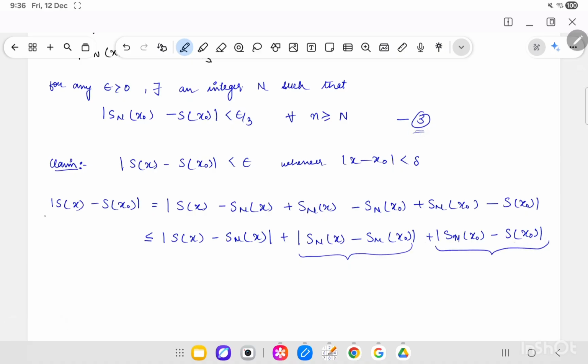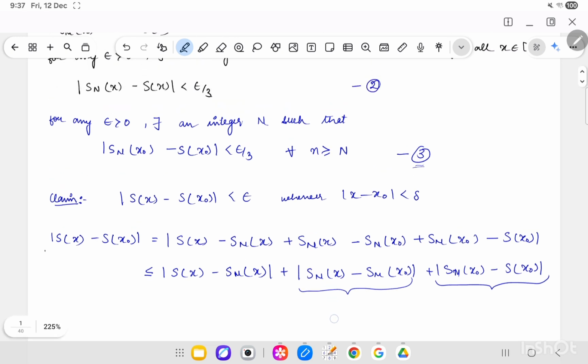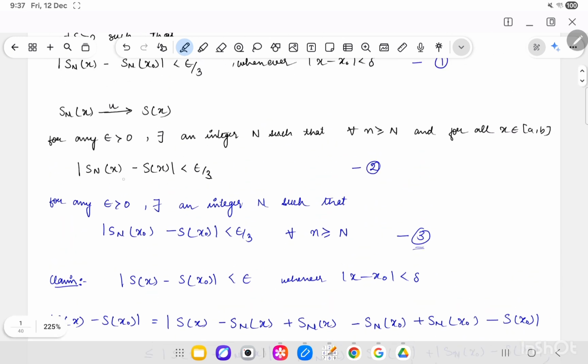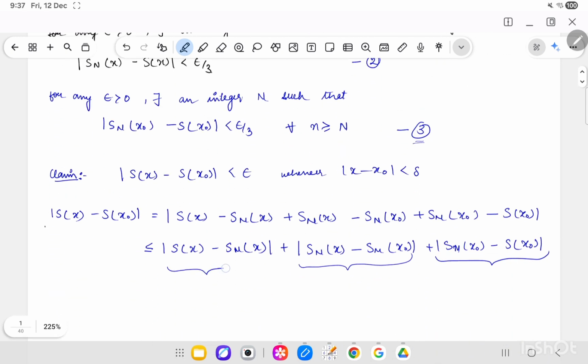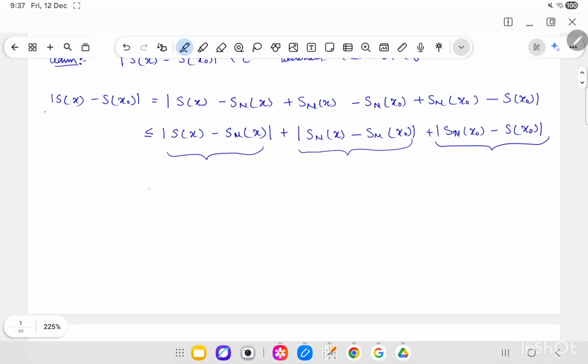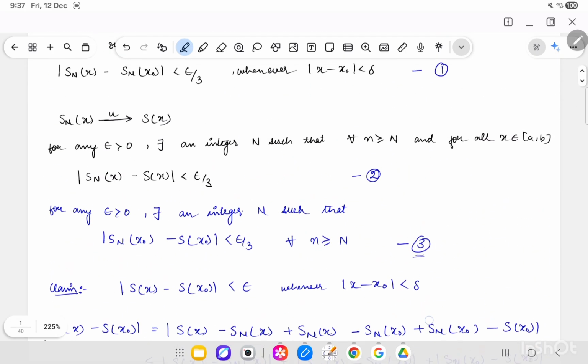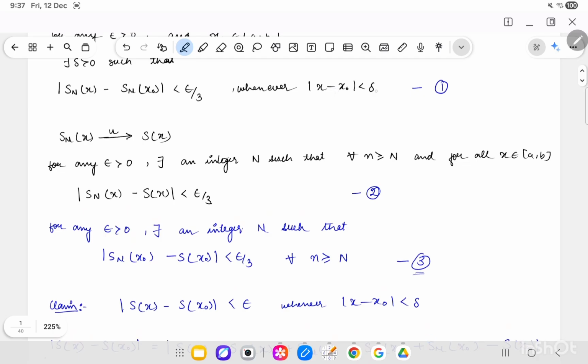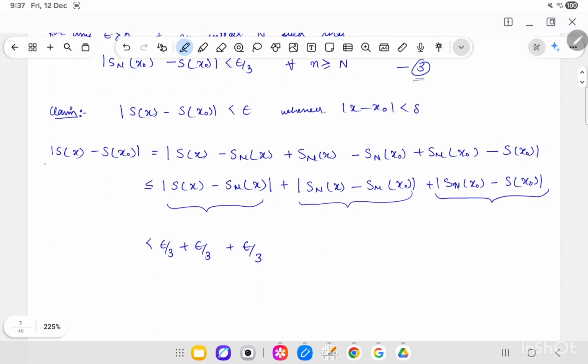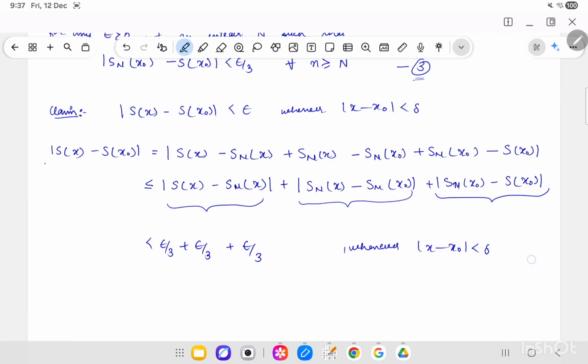This one is basically also less than epsilon, and using 2 we concluded that this one is also less than epsilon by 3. So this whole thing is less than epsilon by 3 plus epsilon by 3 plus epsilon by 3, and this condition holds whenever the absolute value of x minus x naught is less than delta.